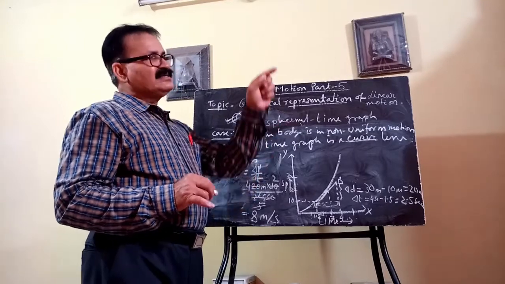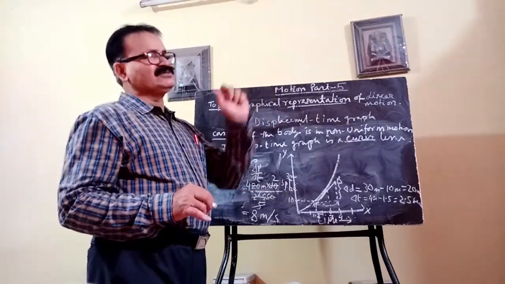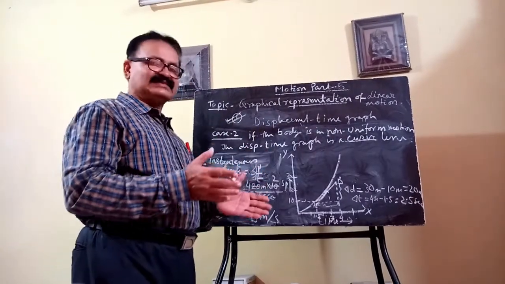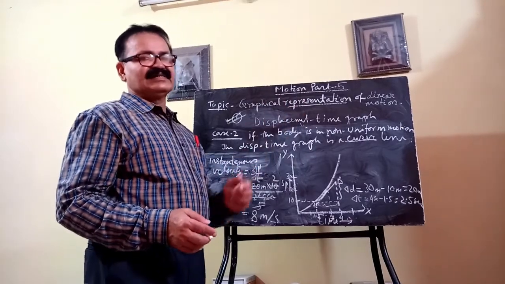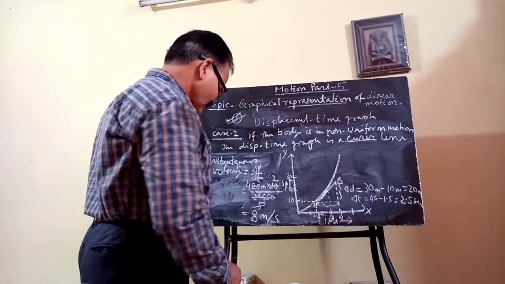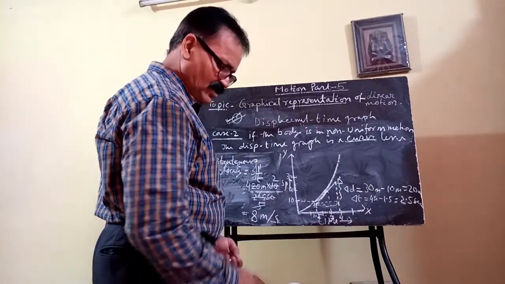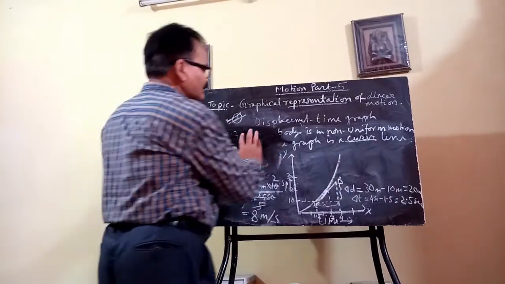So here the instantaneous speed at that particular moment is your 60 km per hour. So instantaneous means at any instant, and that can be measured with the help of the speedometer that is provided in the vehicle.